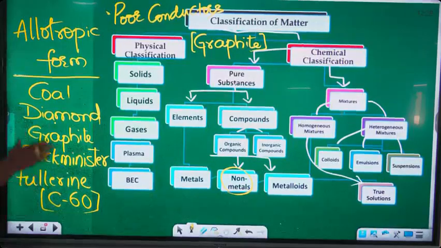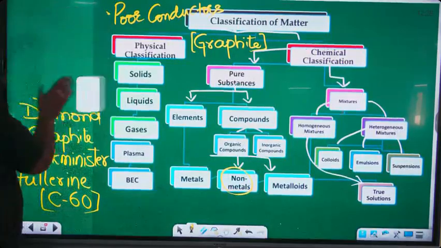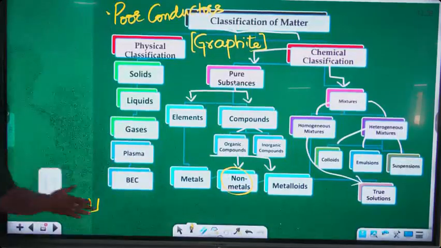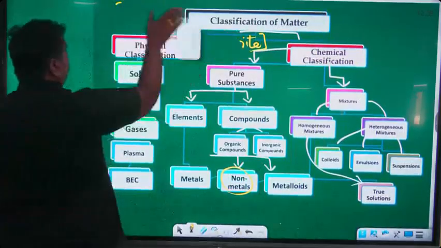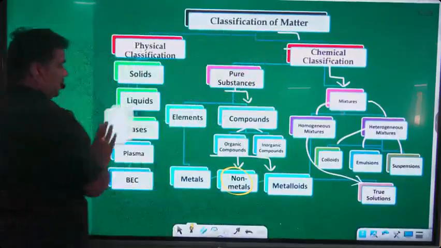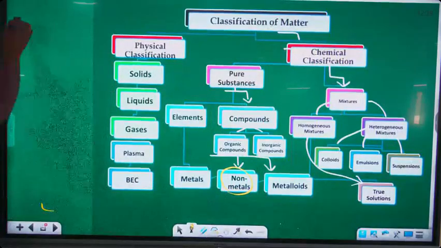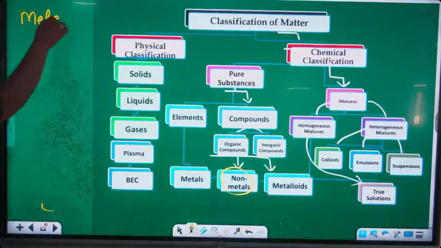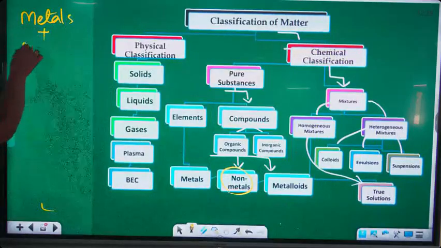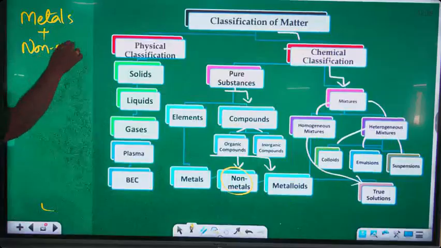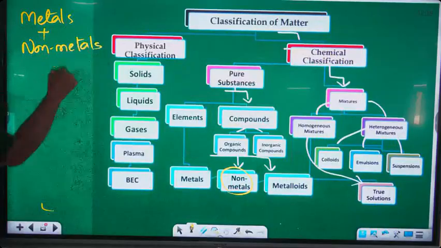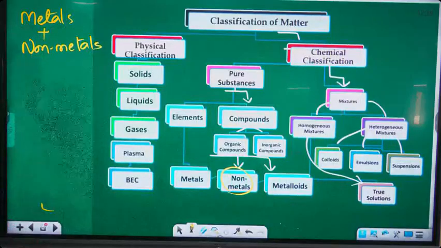Then moving on to the next one, the case of metalloids. What are these metalloids? The elements which have the properties of metals and non-metals, that is, 50% metal properties and 50% non-metal properties, we call them metalloids.